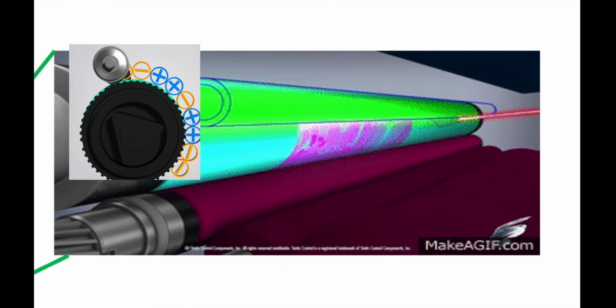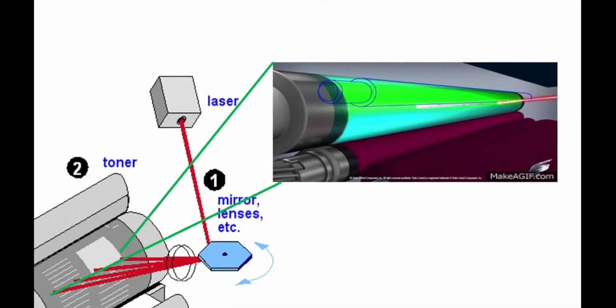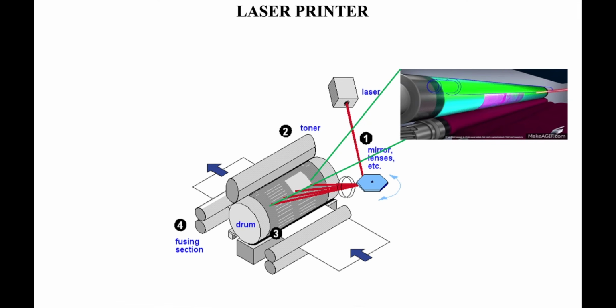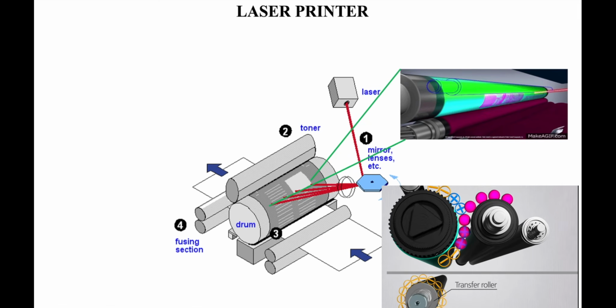As you can see in this animation, once the drum rotates, the toner will dispense the fine particles, which are negative in charge.